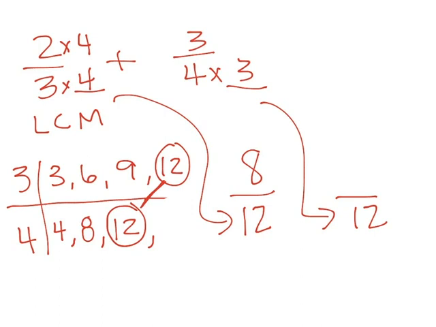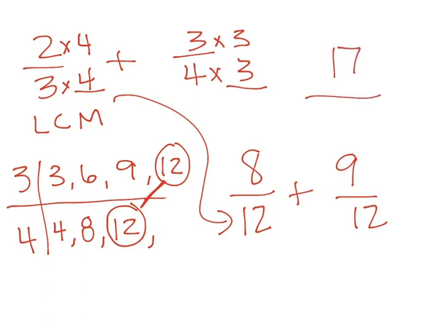So what I do to the bottom, I do to the top here. So 3 times 3 is 9. So now I have my two new fractions that I can add. So if I added these together, it'd be 8 plus 9 is 17, over 12. I keep the same denominator and I have 17/12. We're going to get into that in another lesson. For right now, you're just focusing on finding the least common multiples and practicing that.